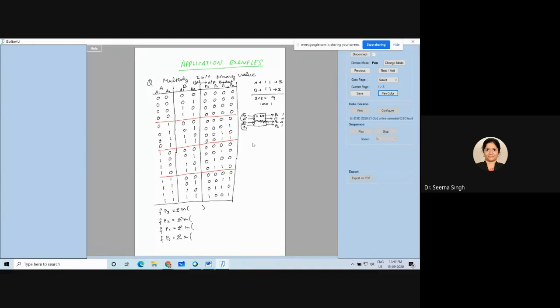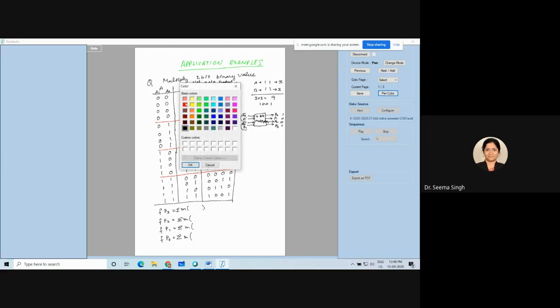P3 is 1 for what? Okay, so 15. P3, if you see, the P3 column has become 1 only once.